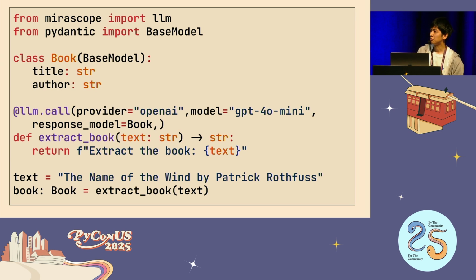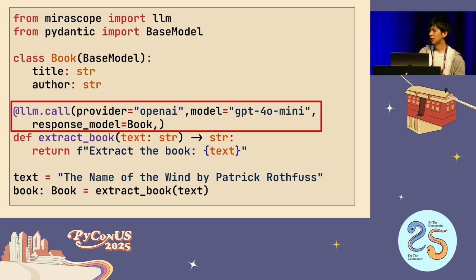Import Mirascope llm and the pydantic model. Then we define the Book model. Book model has the title and the author. It's very simple. And this llm.call gets the provider, like OpenAI, and the model, GPT-4 mini, and we can choose the response model, Book.